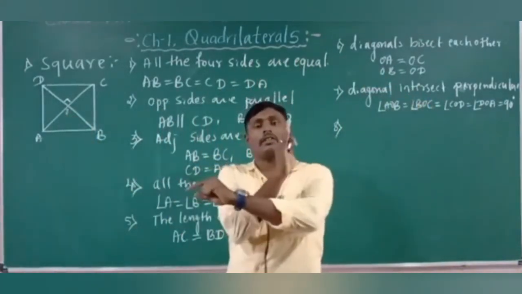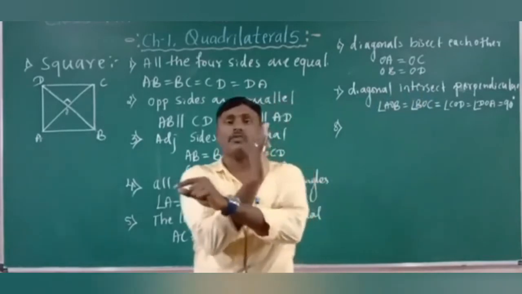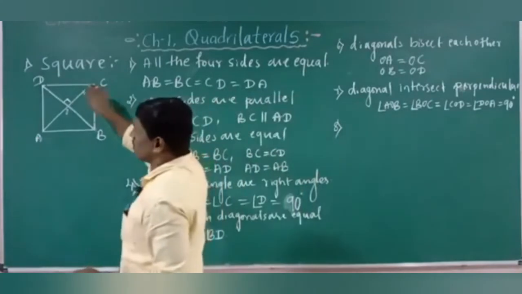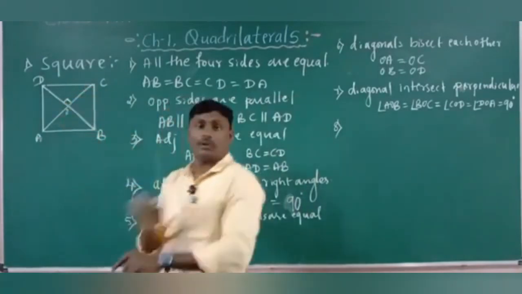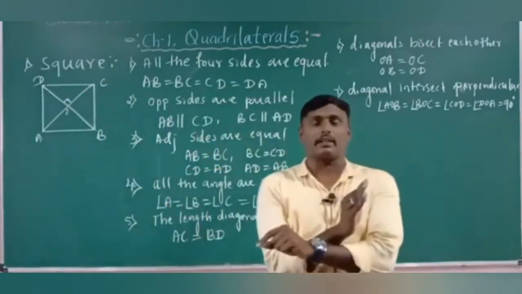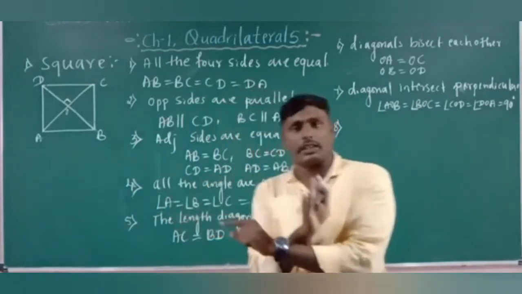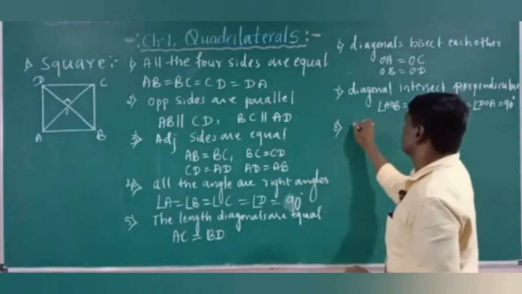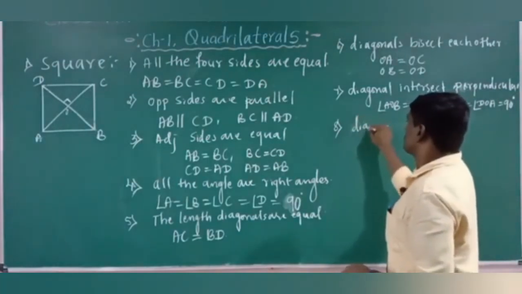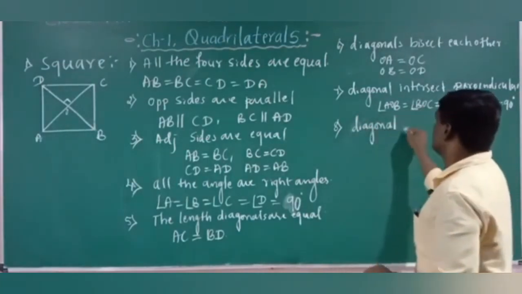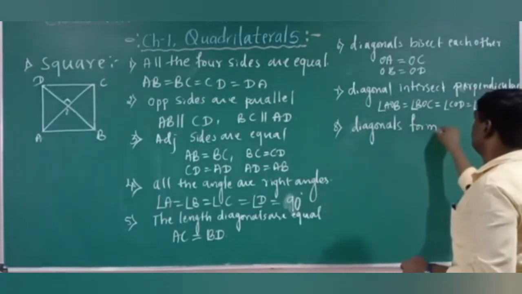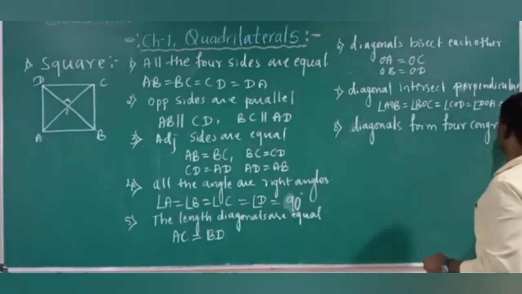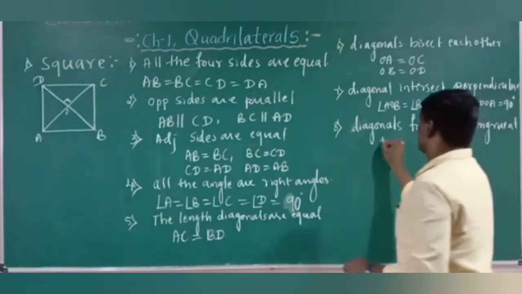When two diagonals of the rhombus intersect, it forms four congruent triangles. So the square also has the same property, that is when two diagonals intersect each other, it forms four congruent triangles.